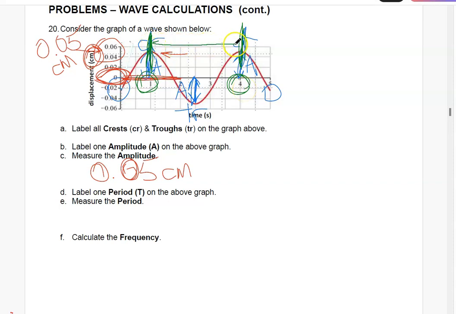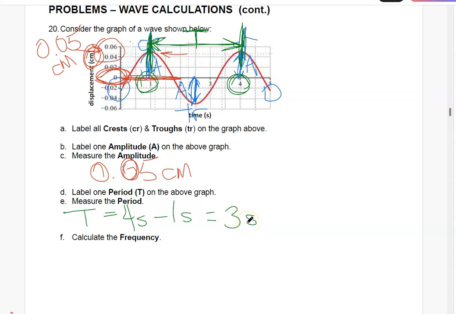So we can label our period as being the amount of time between these two, and we'll label that with a capital T, and then we're asked to measure the period. Well, the period is the difference in those times. It's 4 seconds minus 1 second, and therefore the period is 3 seconds.